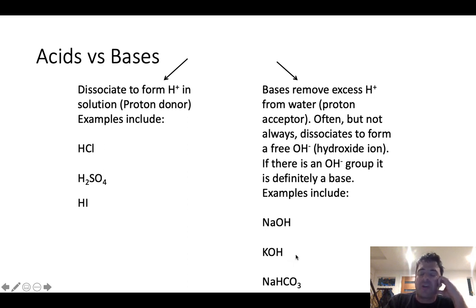But a base is just a compound that removes excess hydrogen ions from solution. So a base doesn't necessarily have to have that hydroxide. In fact, anything that removes hydrogen ions from solution is by definition a base. So this down here is a really important base called sodium bicarbonate, also called baking soda. It removes hydrogen from solution.